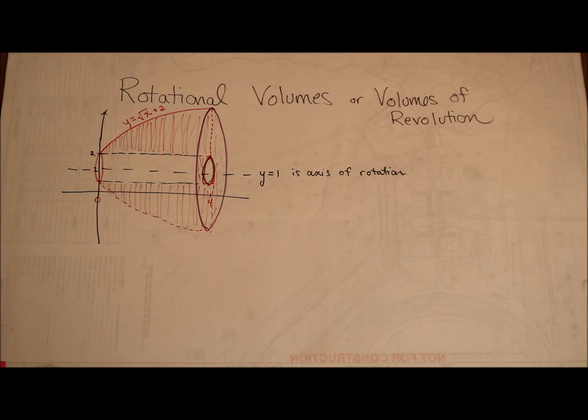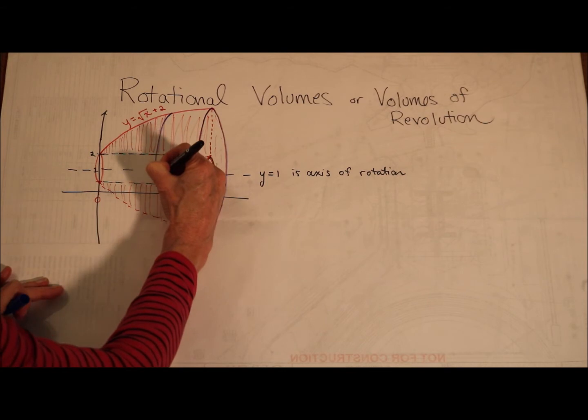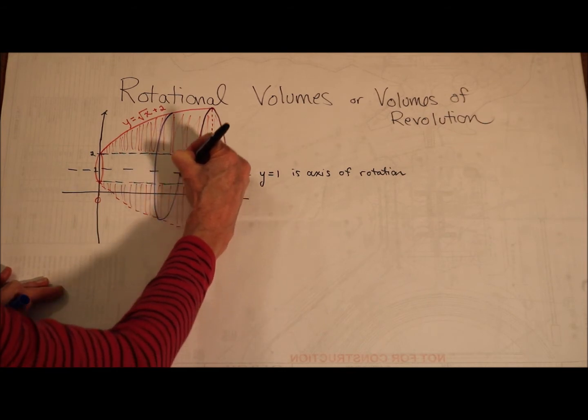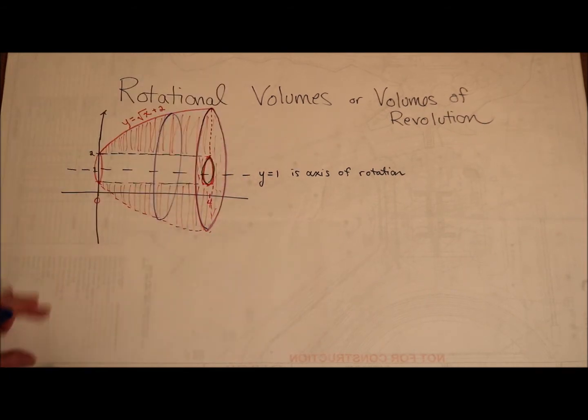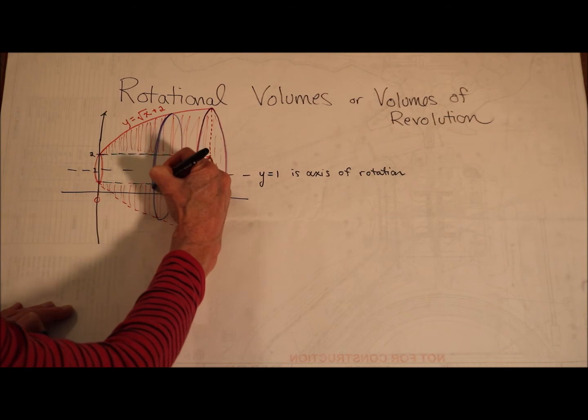Well, how do you think we're going to find the volume of this interesting looking thing? Sure, we're going to draw a cross section, and again the cross section always has to be perpendicular to the axis of rotation. And I'm going to try to analyze what that cross section looks like.